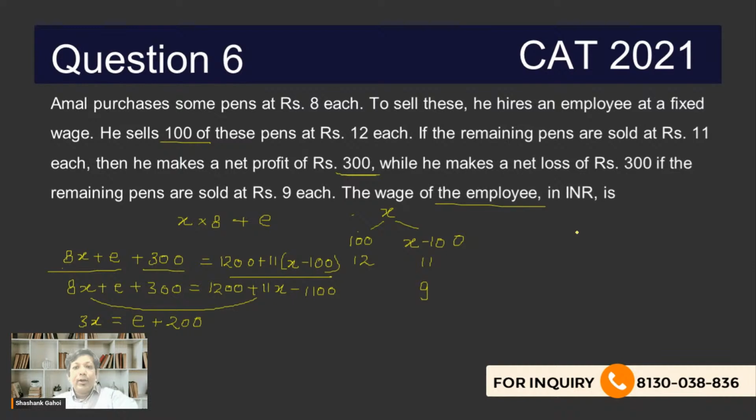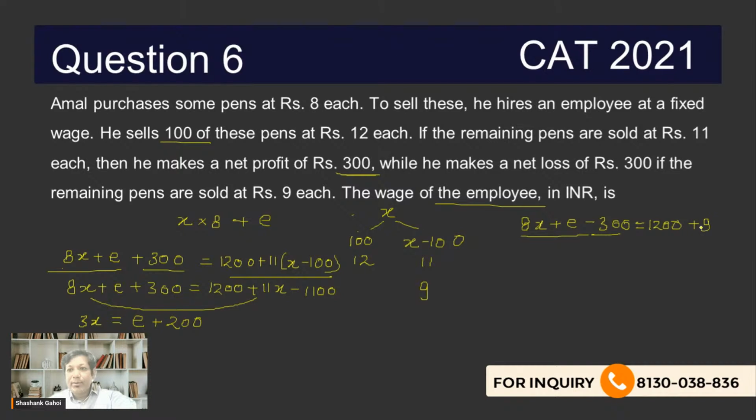Now, what is my second equation? The cost is 8x plus E minus 300, and that is equal to 1200 plus 9 times (x minus 100). Why am I taking minus 300? Because cost minus loss is equal to sale price.